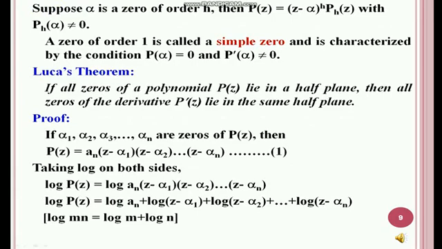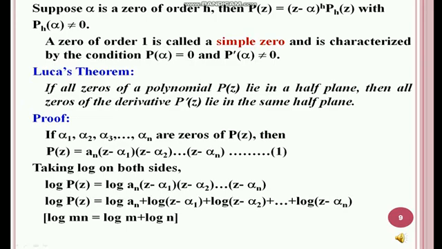Suppose alpha is a zero of order h, then p of z equal to z minus alpha power h times ph of z with ph of alpha not equal to 0. A zero of order 1 is called a simple zero and is characterized by the condition p of alpha equal to 0 and the derivative not equal to 0, that is p dash of alpha not equal to 0.